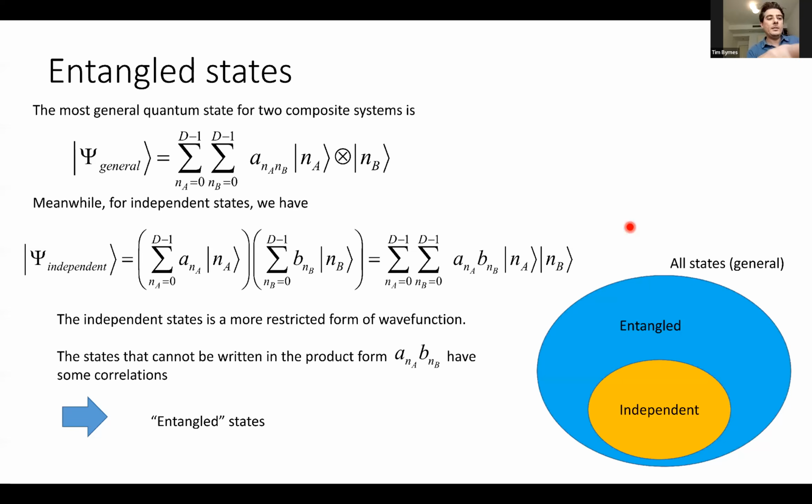If you think of it in terms of this Venn diagram, maybe this is not a good way to place the orange circle. Perhaps I should have put it in the middle, but these Bell states would be very far away from the independent states. They are the states which are least like these independent states.